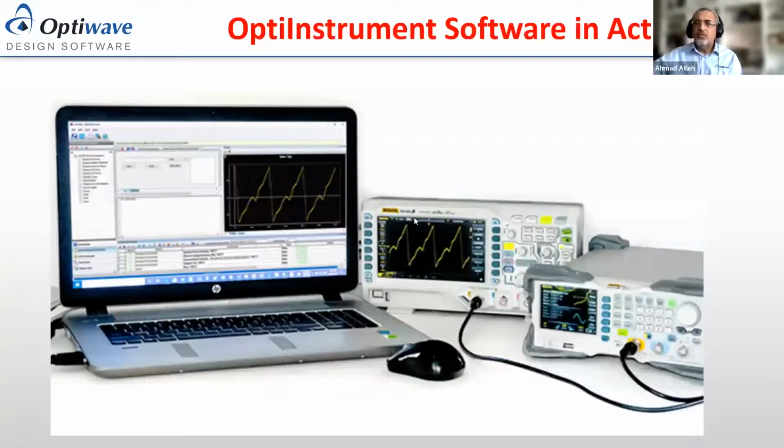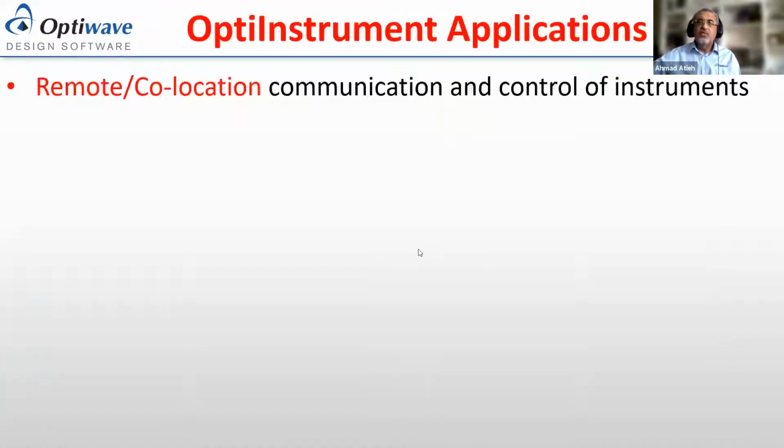This is a picture of OptiInstrument software installed on a laptop, as you can see, and communicating with 2 instruments. Right now, it's the function generator and the oscilloscope. The OptiInstrument software applications can be used to communicate with any instrument enabled by SCPI commands.